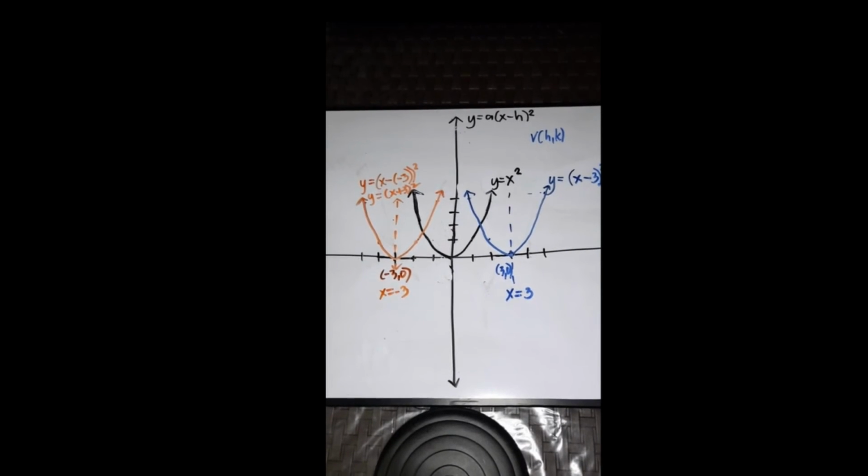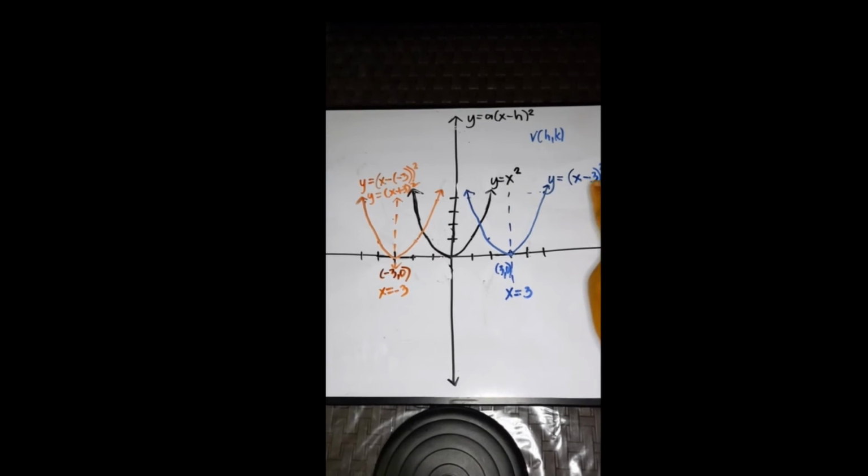In graphing y is equal to a times quantity x minus h squared, if h is greater than 0, or if h is positive, take note, h is positive, then the parabola translates h units to the right. You are going to move to the right, h units to the right. Okay?